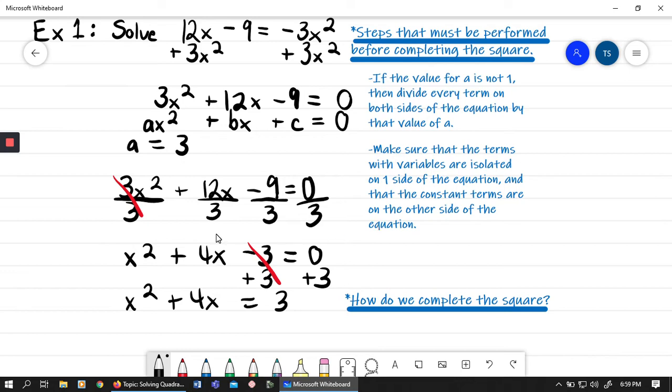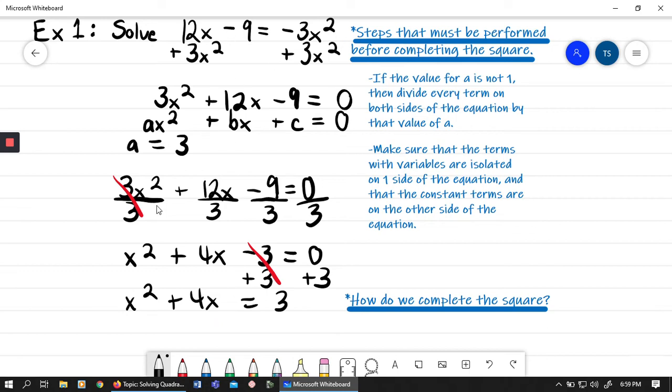Guys, when we divided by that value of a, we actually created a new equation. Mind you, this new equation is still equivalent to our original equation, but technically it is a new equation. The a value was not the only thing that changed.